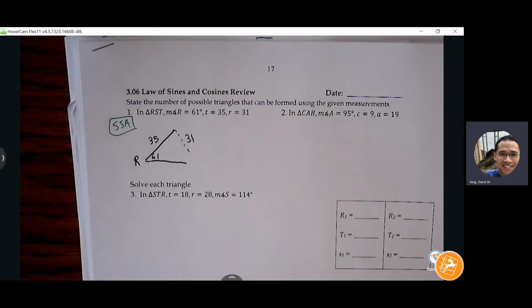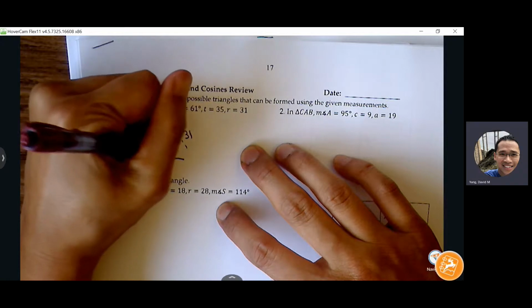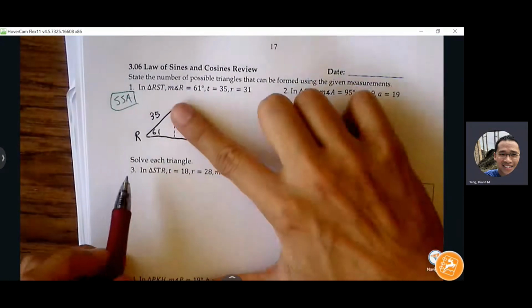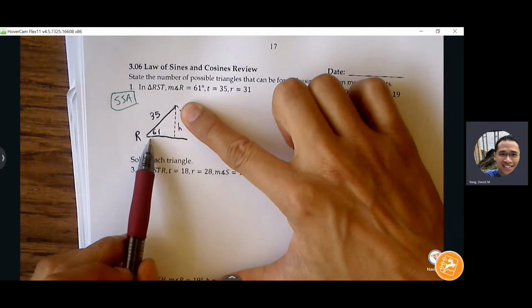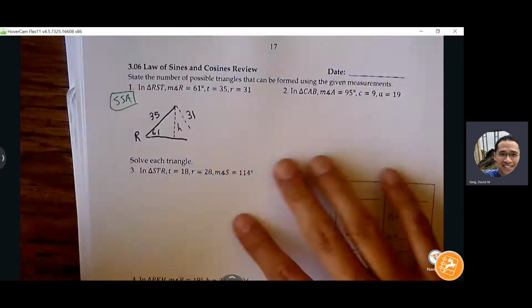Which means we have to go through the trouble of finding that vertical height. So let's drop that vertical height down, h. Okay? We've got to use sine to figure out what that height length is. So sine of 61 equals opposite over hypotenuse.